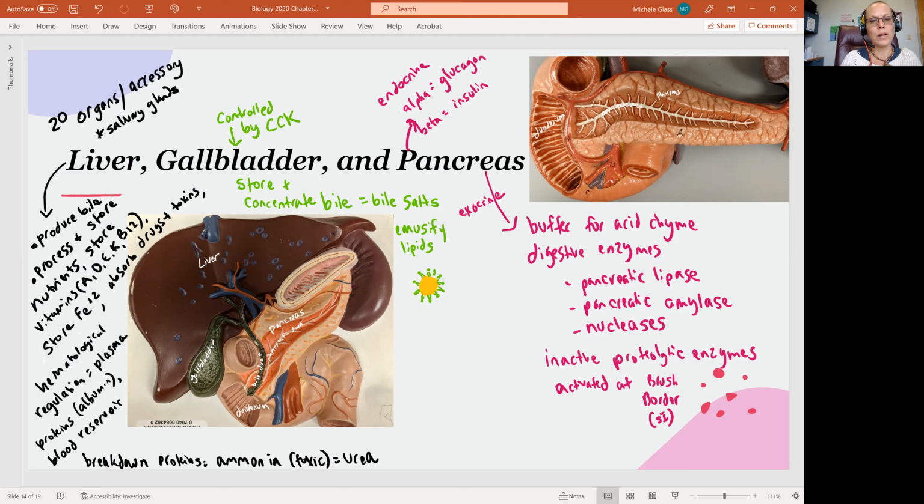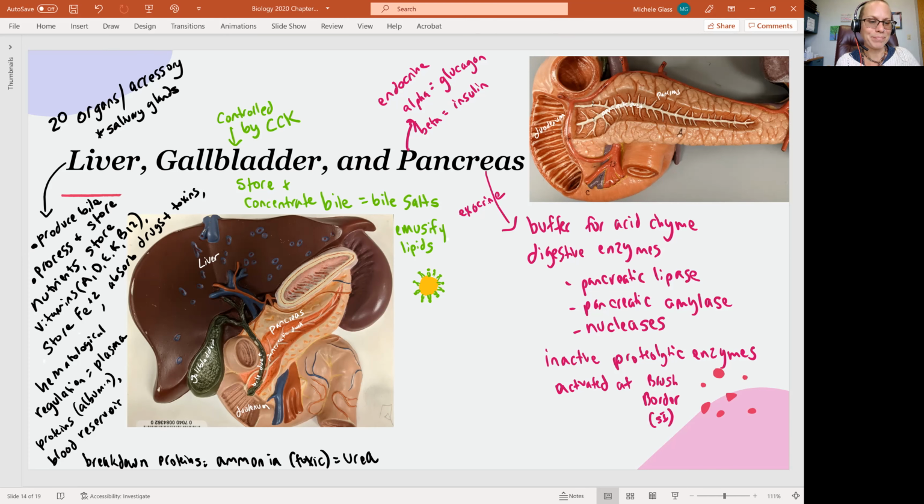Both of these are important in the regulation of your blood glucose levels. So make sure you're reviewing those notes that you took way back in the endocrine system and that you're current on that. Your glucagon, remember, is released when your glucose level is too low. And insulin, we've already talked about in this video series as being released when you're eating your carbohydrate and your glucose level is high.